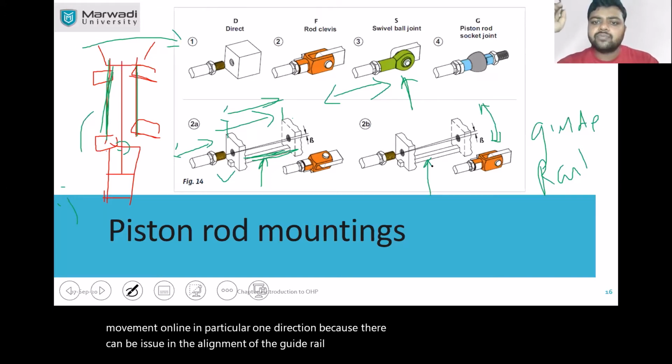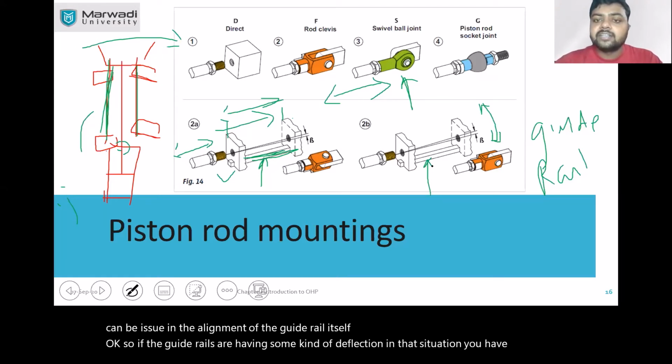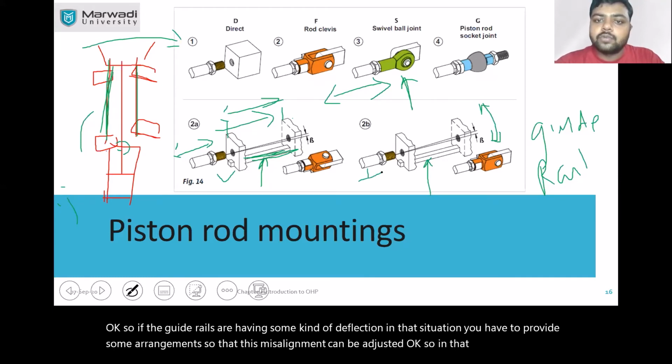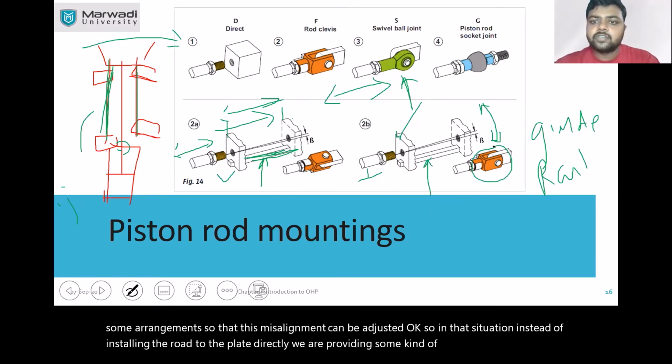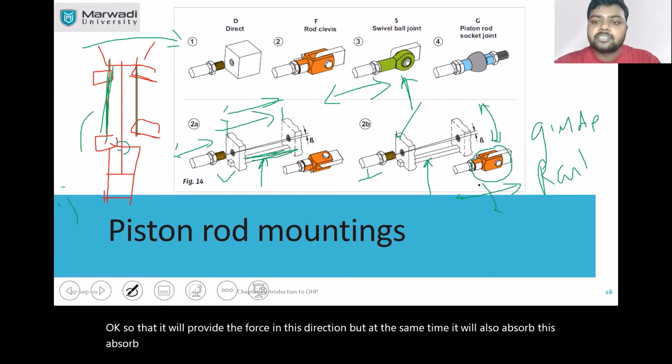So if the guide rails have some kind of deflection, you have to provide some arrangement so that this misalignment can be adjusted. In that situation, instead of installing the rod to the plate directly, we provide some kind of rotary joint, so that it will provide the force in this direction, but at the same time it will also absorb some kind of misalignment.